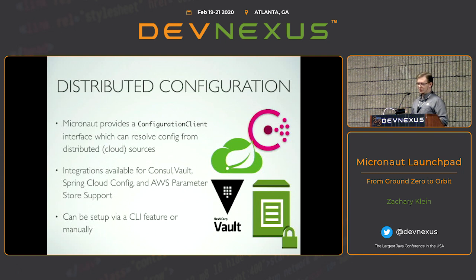And then there's other options as well. So because it's abstract, you can implement your own provider for the distributed configuration. But once this happens, when the application is running, that configuration client will now expose those remote configuration properties to the application, and they can be injected just as a local configuration property would have been.